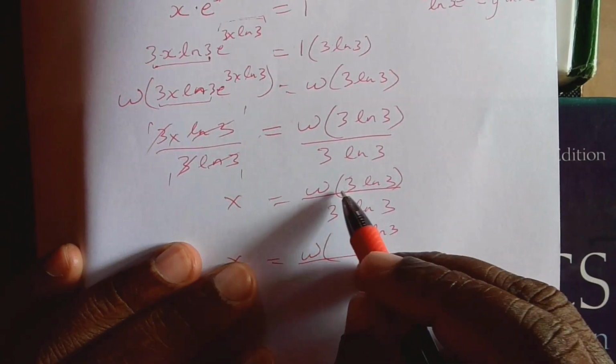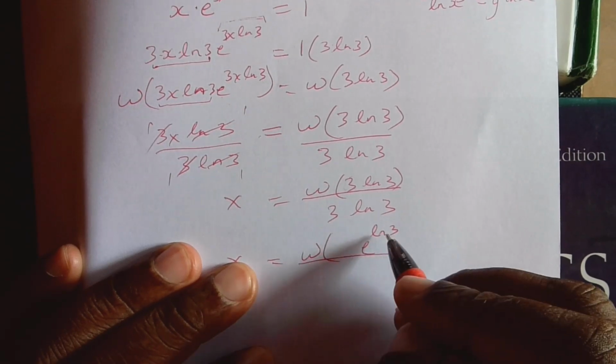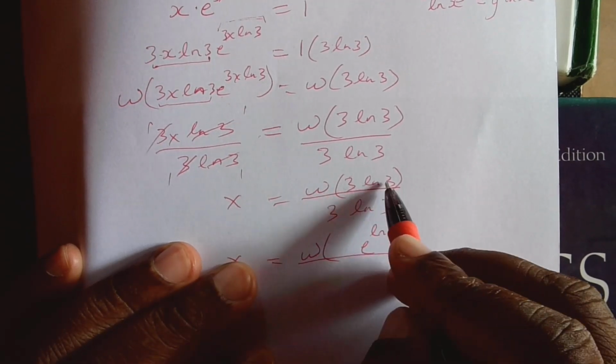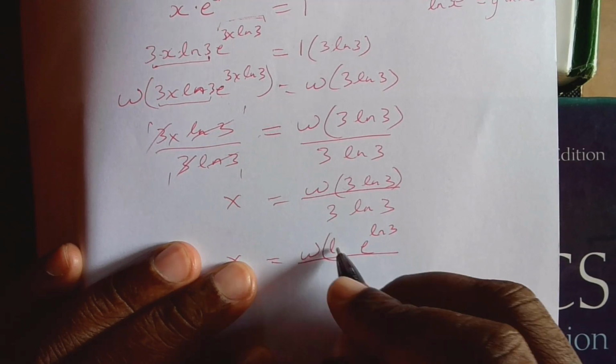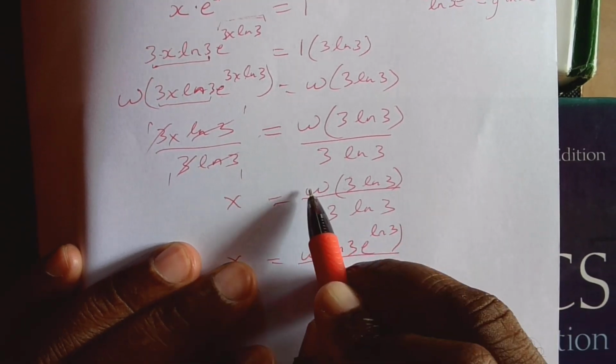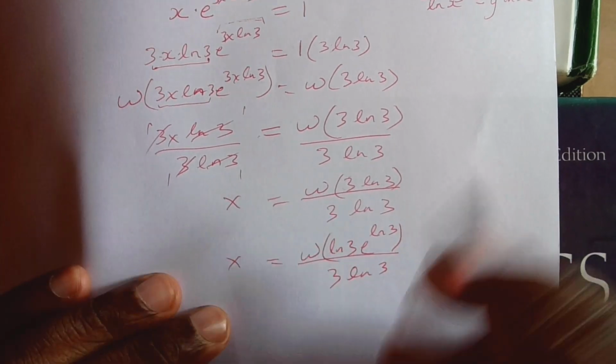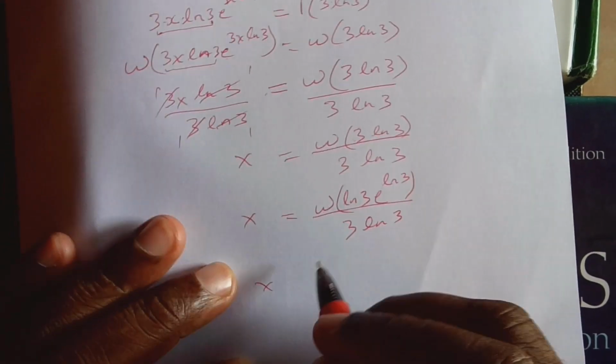So this is the same as this. This is equal to 3. So as this is 3, as we have here, we need ln 3. So we simply multiply by ln 3. So in other words, this numerator is the same value as this numerator. Let's write back the denominator. But do you notice what we have done?